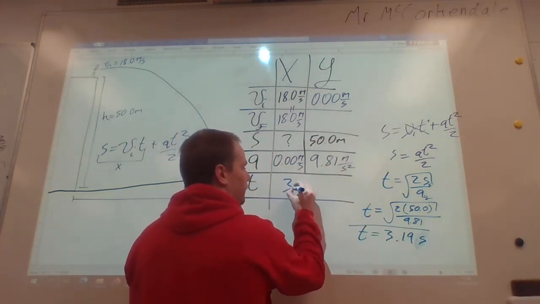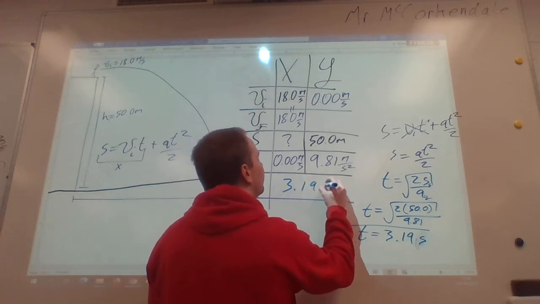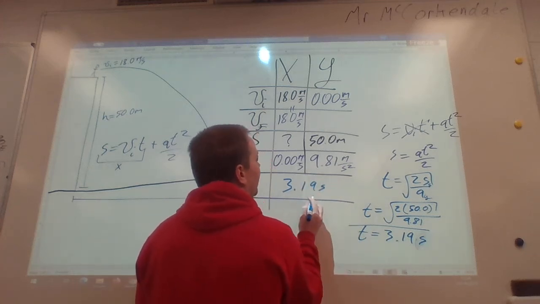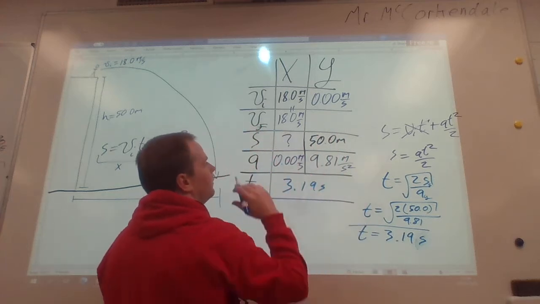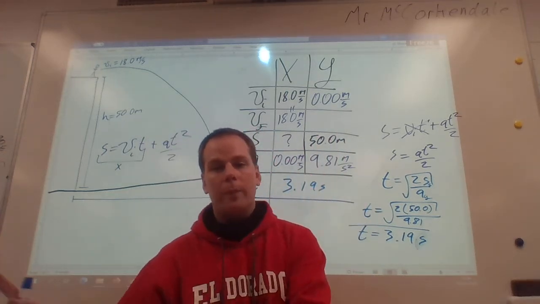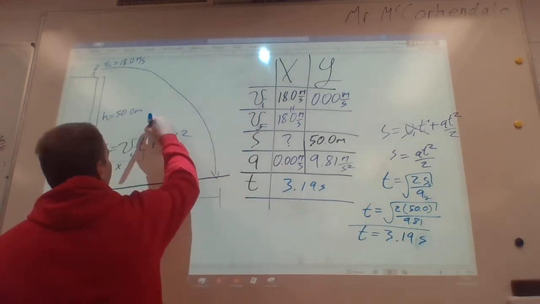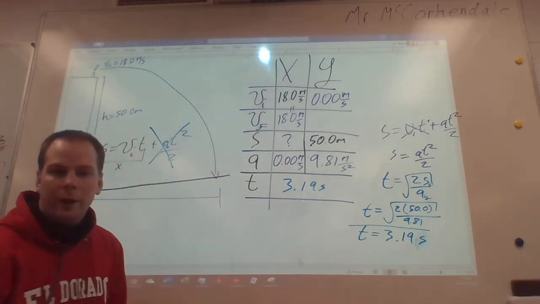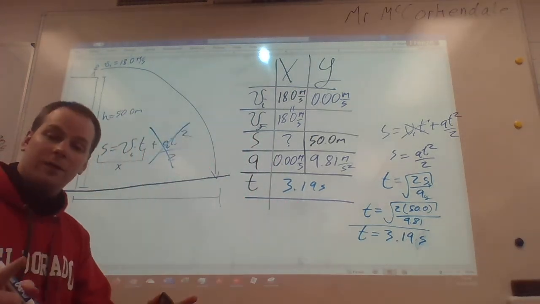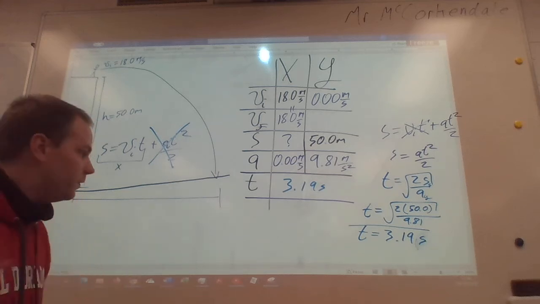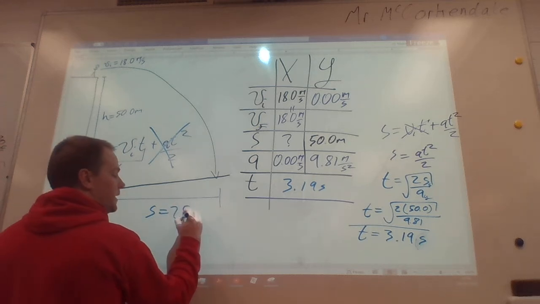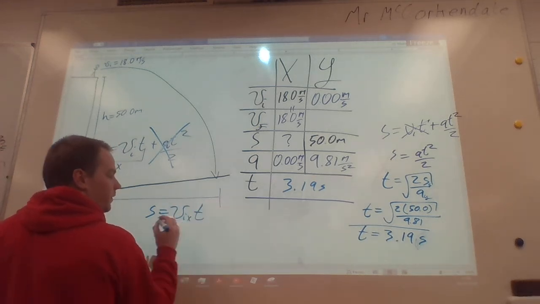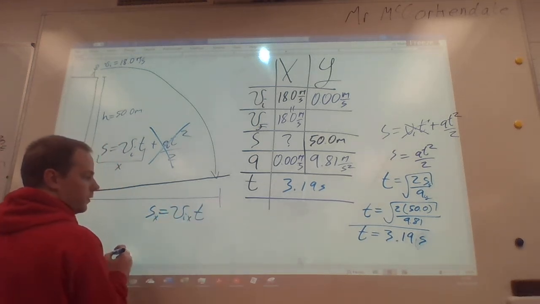Okay, now that is not our final answer. That is just this number. And that is our time for both the vertical component and the horizontal component. So now we can go back to this equation where this part is 0, and we can calculate our S, our horizontal displacement. So S is equal to VIX times T, because this is SX.